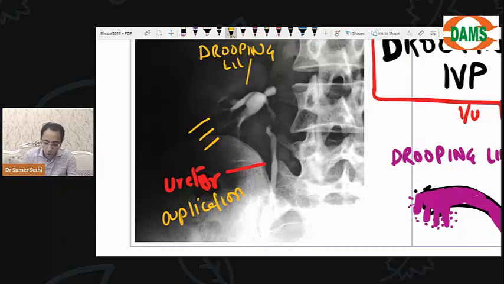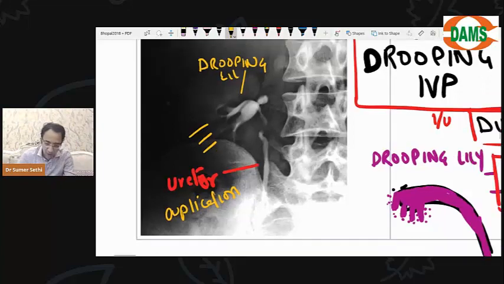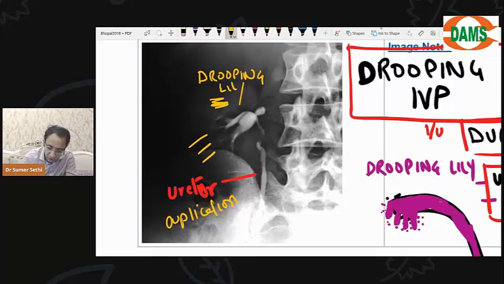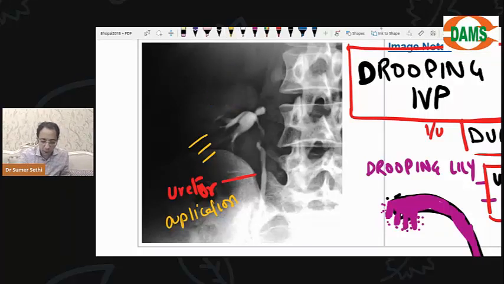Although we see only one ureter, we still call it duplication because we can see that the lower pole is drooping down. That means there must be something above it which is pushing it down. So you have a hydronephrotic upper pole which is not visible because the cortex is not functional, but it is pushing down the calyces to make it appear like a drooping lily.